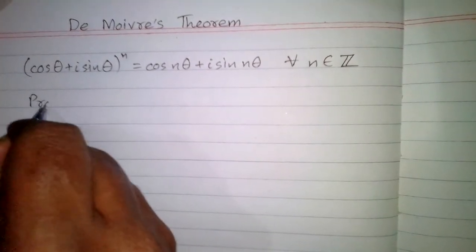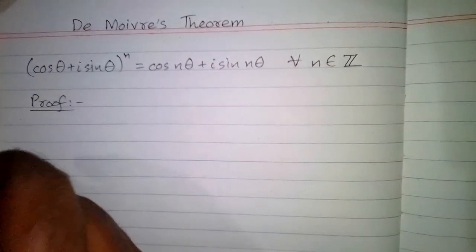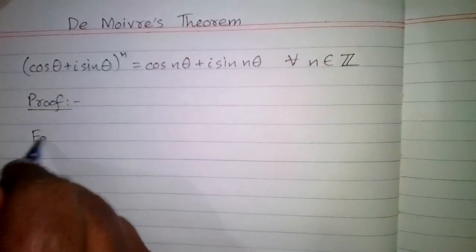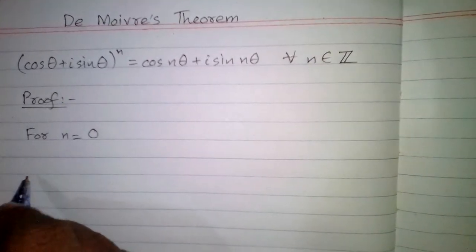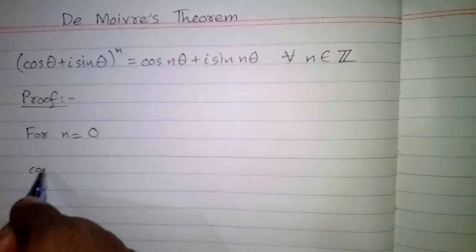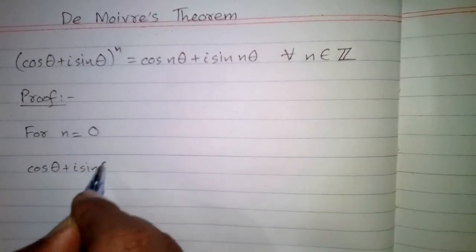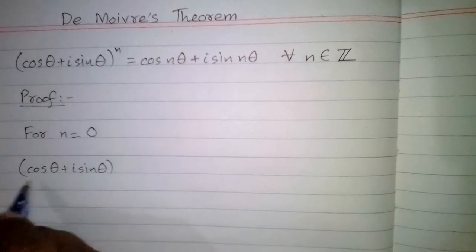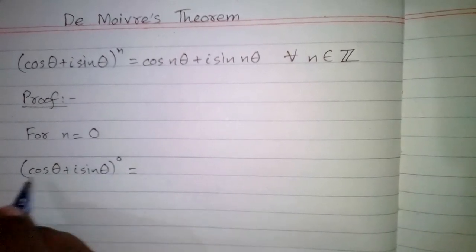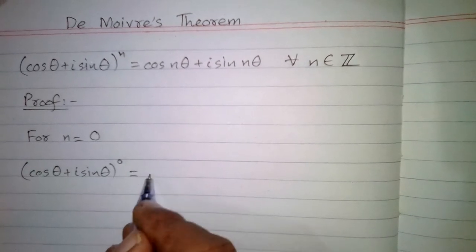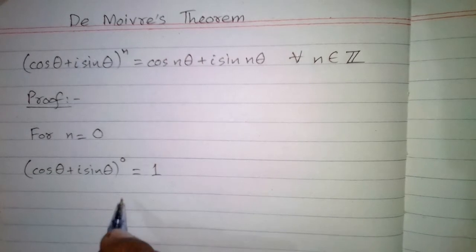So first of all, we will take the base case, which is for n is equal to 0. If we put n is equal to 0, then (cos theta plus iota sin theta) raised to the power 0, and anything raised to the power 0 is equal to 1, so this will be equal to 1.